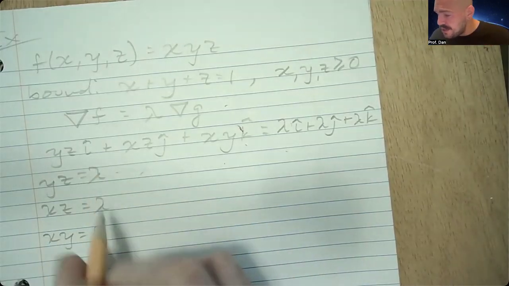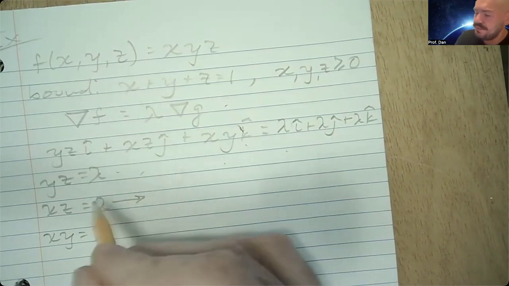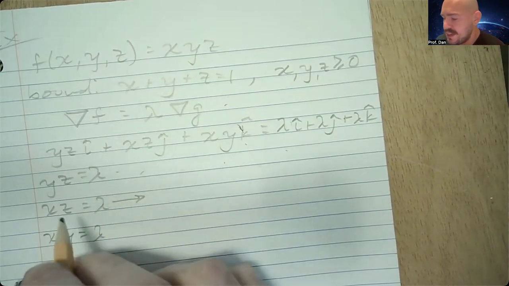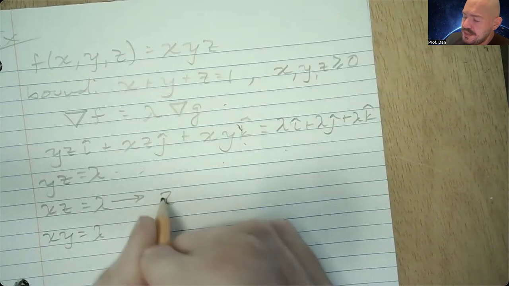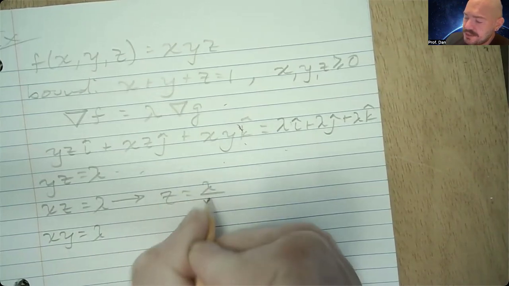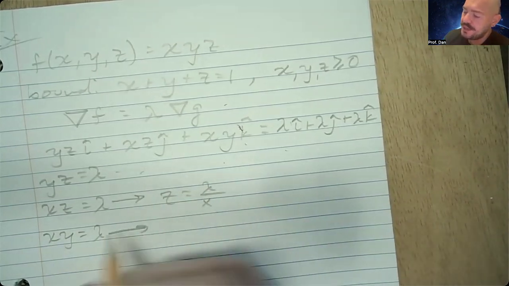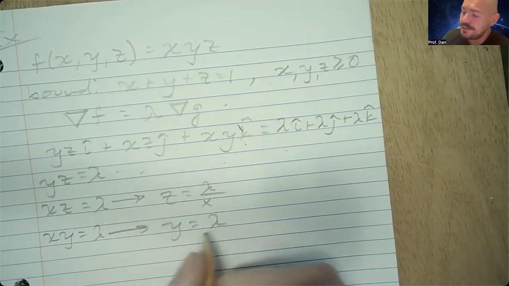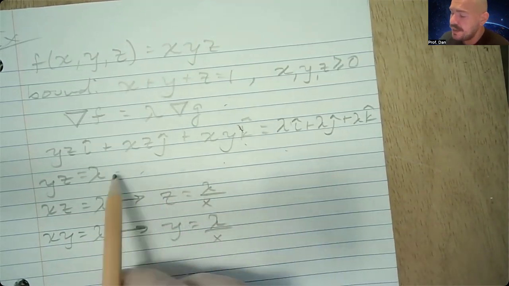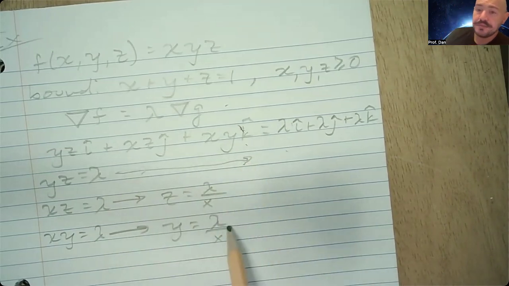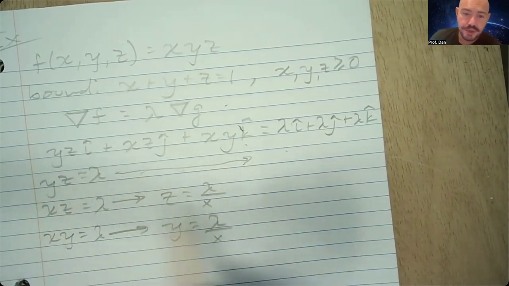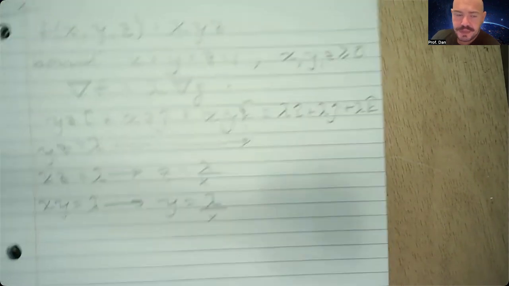So I'm going to start off by solving both of these for something in terms of x. So I get z is equal to lambda over x. From this one, I end up getting y is also equal to lambda over x. Now I can take what I got there and substitute the y and the z both with lambda over x.